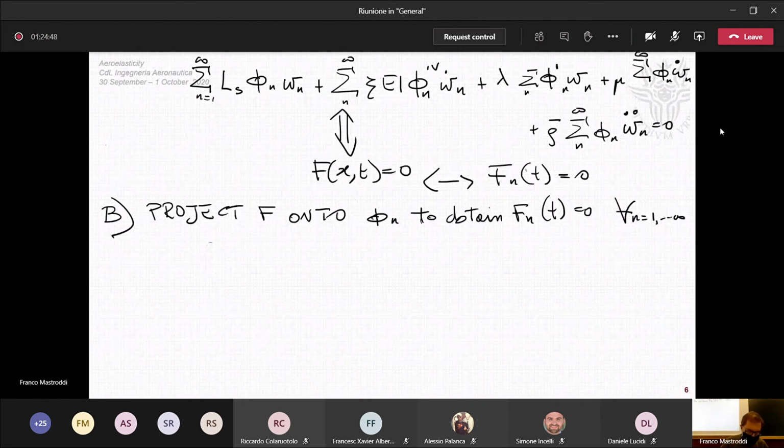Okay? And so write together this projection of f on phi m equal to 0, and look at our equation now.